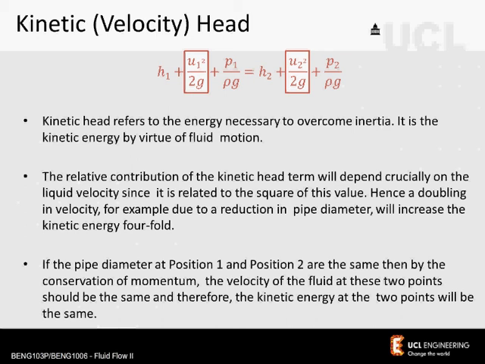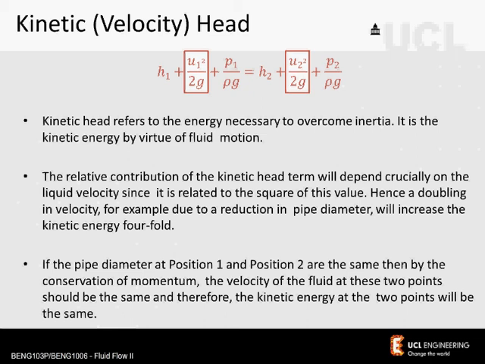If you're looking at a pipe system where the diameter is the same at position 1 and position 2, then by conservation of momentum, the velocity of the fluid at these 2 points should be the same, and so the terms on either side of the equation will cancel each other out.